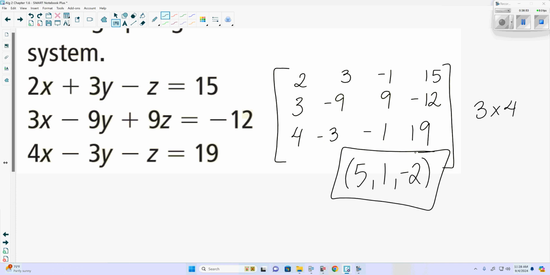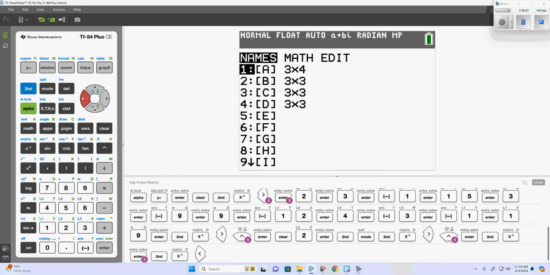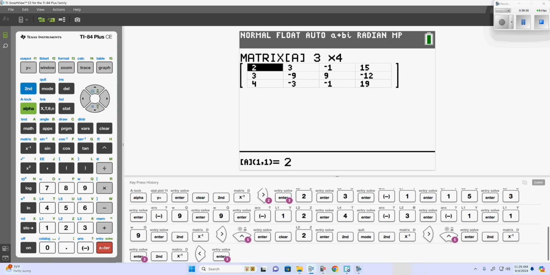I'm going to grab my book. Now, the one we started the lesson with. Edit. Because it was 13.